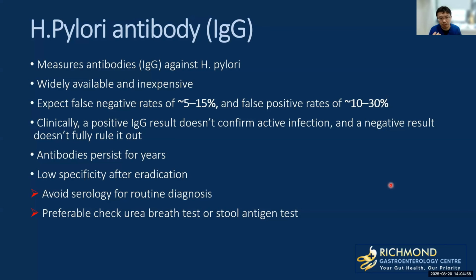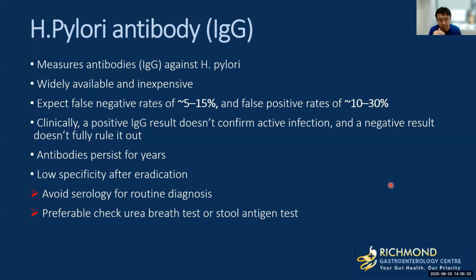So what does this antibody mean? It means when it's positive, it doesn't mean there's an active infection. Someone could be treated already, and 2 or 3 years later, when you check the H. pylori IgG, it could still be positive. Completely negative result doesn't rule out because it has a very low specificity as well.